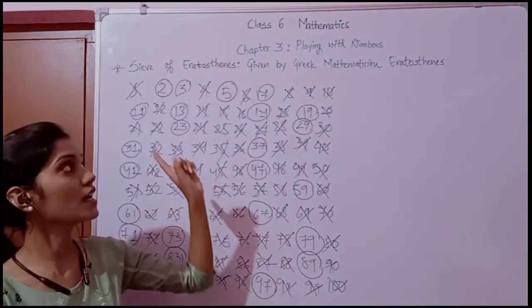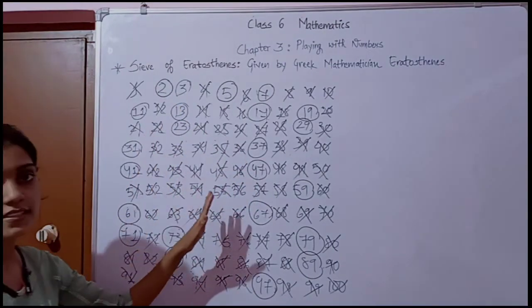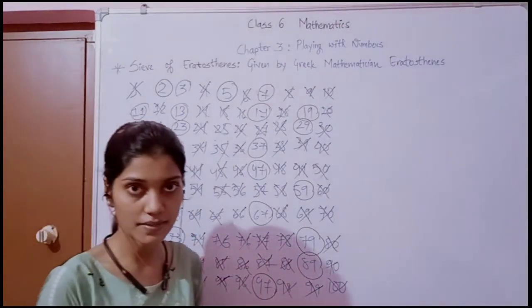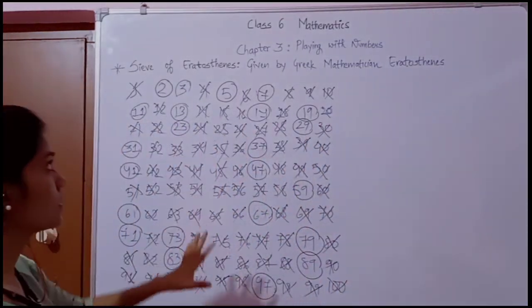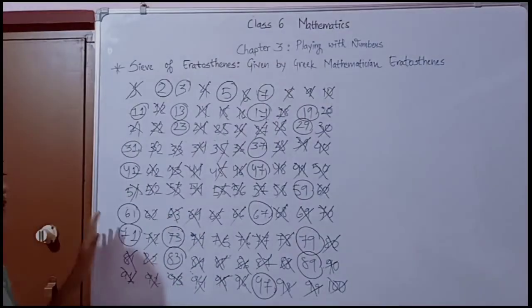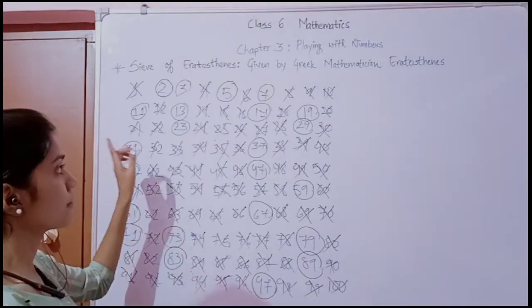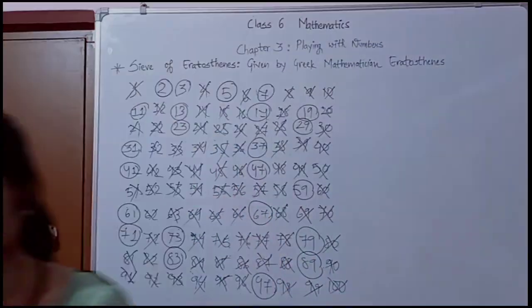So this was the sieve of Eratosthenes, the method given by the Greek mathematician Eratosthenes. This is how we find the prime numbers present between 1 and 100.